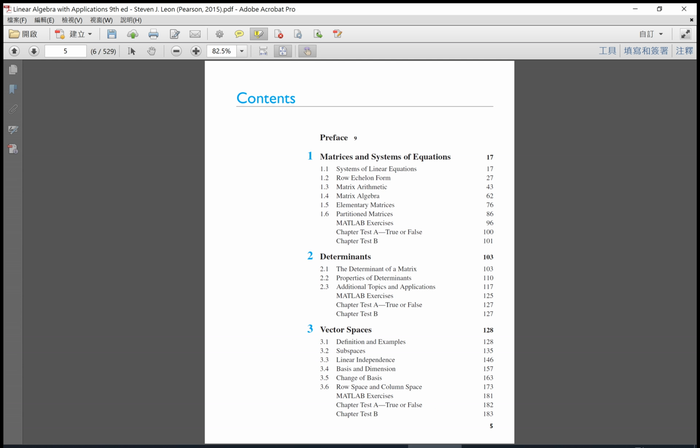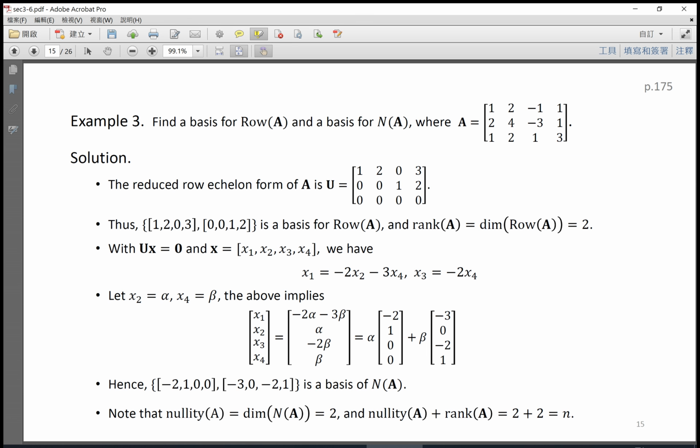You can refer to Section 1.2 to find the row echelon form of A. Now we obtain the reduced row echelon form, and the first two rows are non-zero rows, and thus the first two rows form a basis for the row space of A. The rank of A is the dimension of the row space, which is 2, since the basis has 2 vectors.